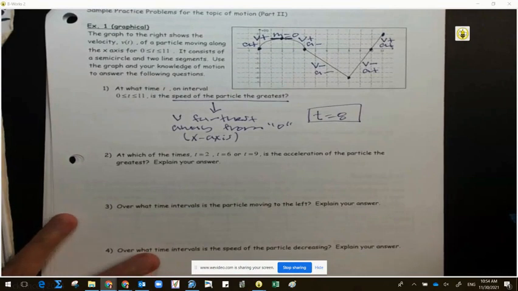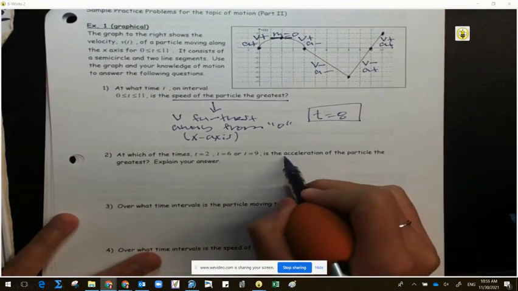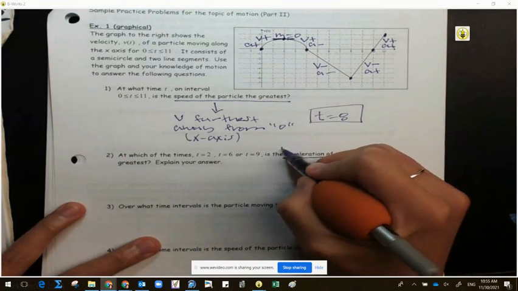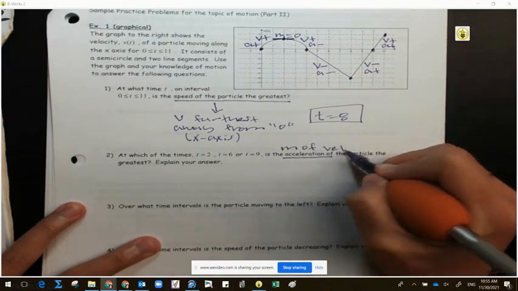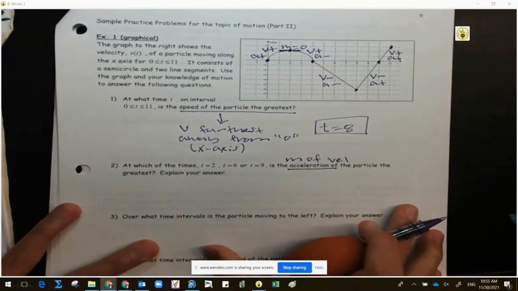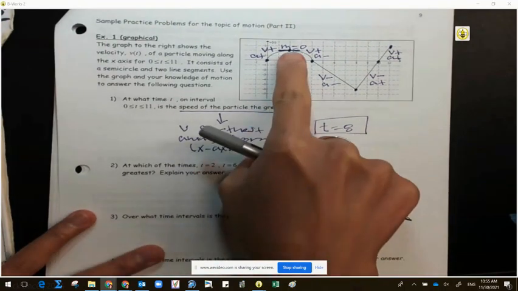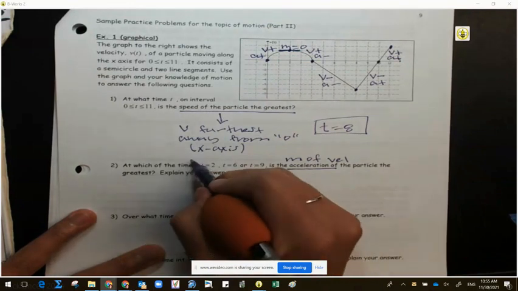For number 2, Alan, go ahead and read that out loud. Of the times t equals 2, t equals 6, or t equals 9, is the acceleration of a particle the greatest? Let's define acceleration. Right now we have the velocity graph, and acceleration is defined by the slope of the velocity. So we need to find the slope of every single part of it. When t equals 2, what is my slope? 0.